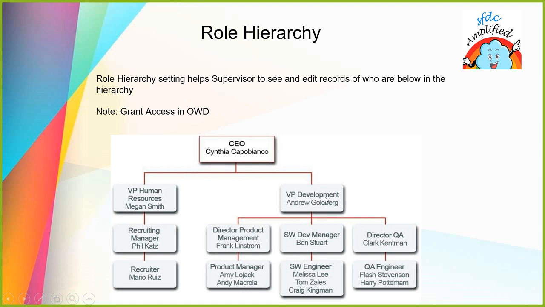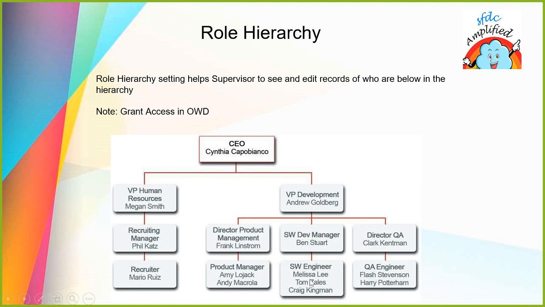Similarly, under VP Development, there can be many or just one. Here it's just one, and he should be able to access all the records for each one of the roles. For example, with product manager, Amy and Andy will not be able to see the records of Frank, who is in the director product management role, but Frank will be able to access theirs.